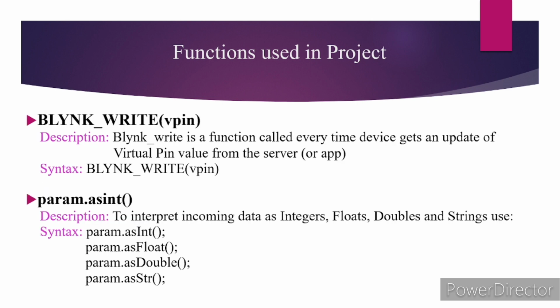Below functions are used for the Blynk app. BLYNK_WRITE is a function called every time the device gets an update of a virtual pin value from the server. The param argument in this function is used to interpret incoming data as integers, floats, doubles, and strings.